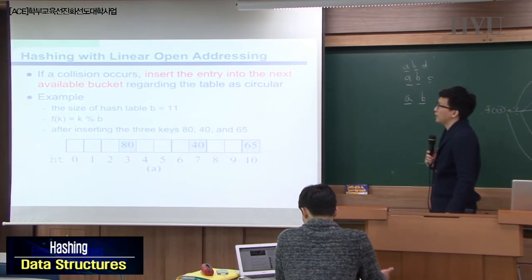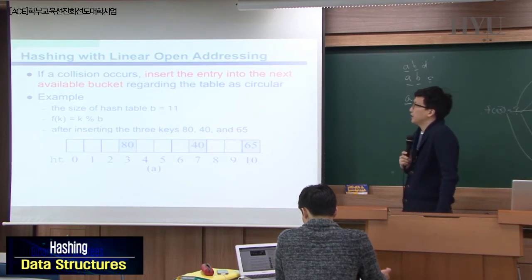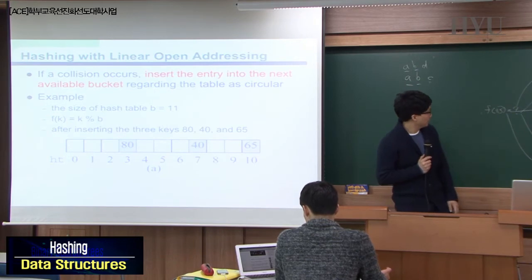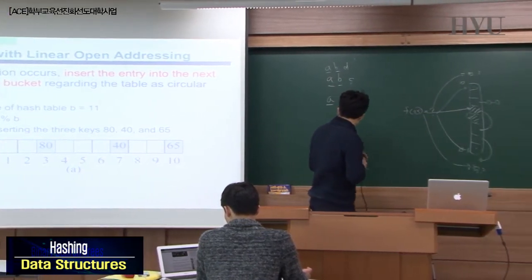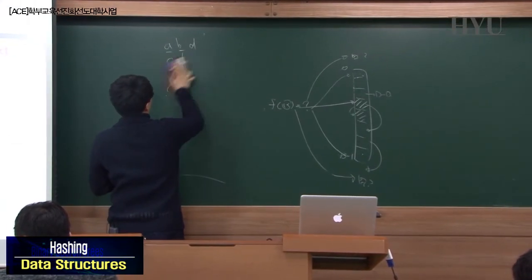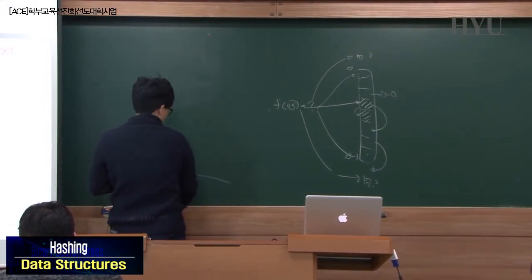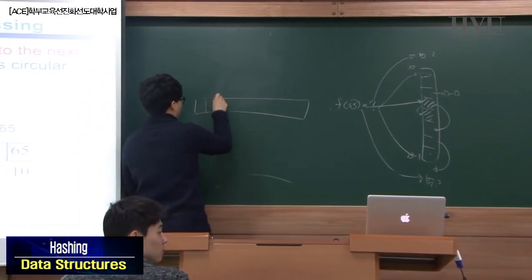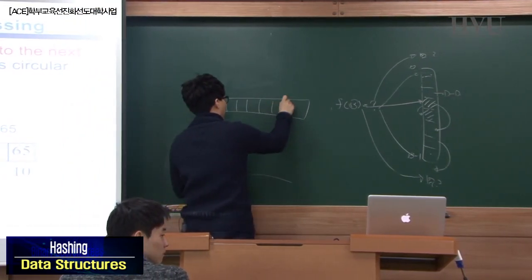If a collision occurs, insert an entry into the next available bucket, regarding the table as circular. I don't know which way is more comfortable for you, but I'm going to draw it the same way.